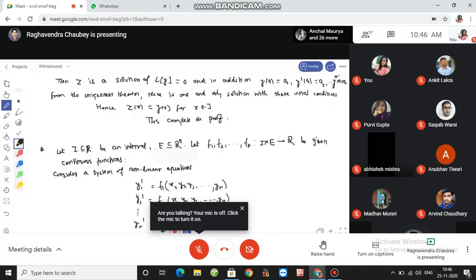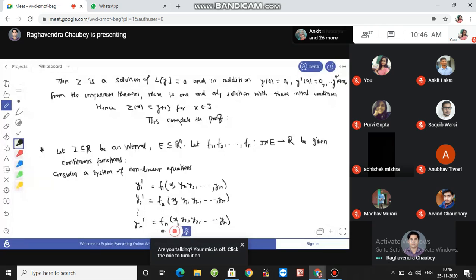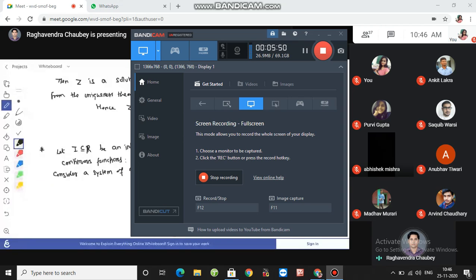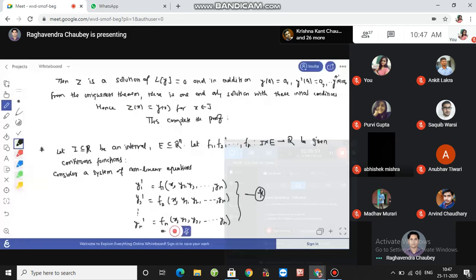Okay, so this is star, and we denote the column vector y with components y1, y2 up to yn, and vector f with components f1, f2 up to fn.